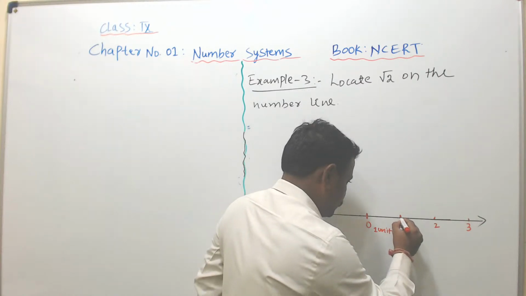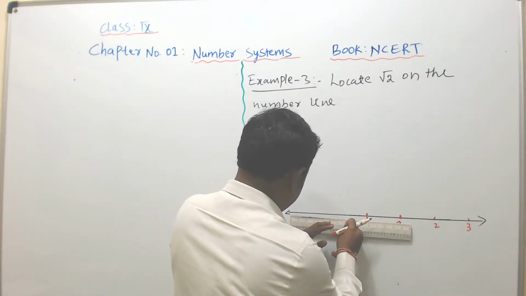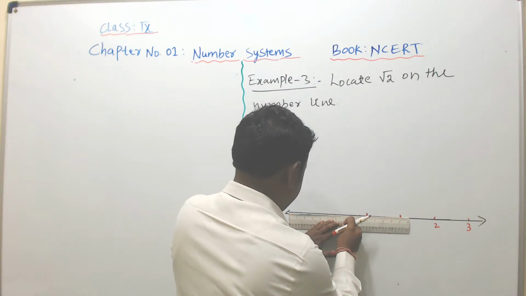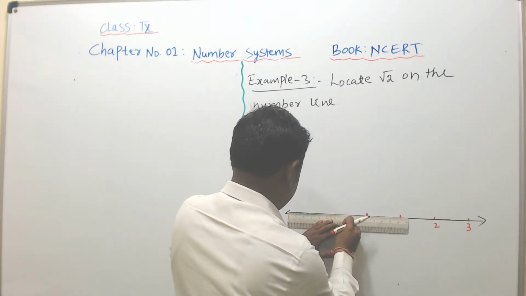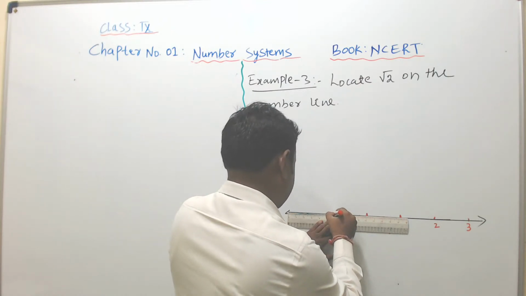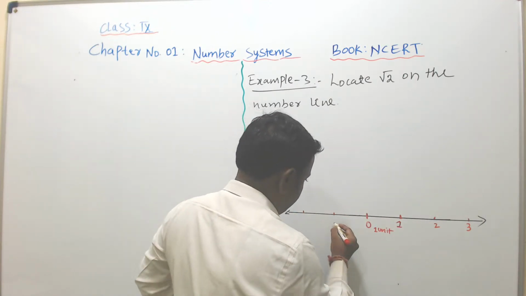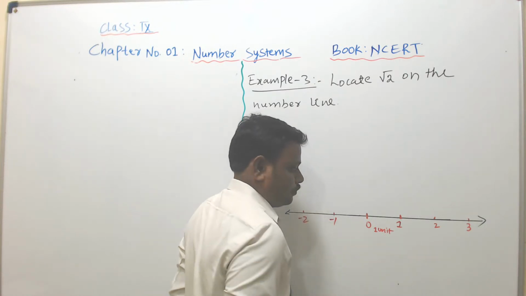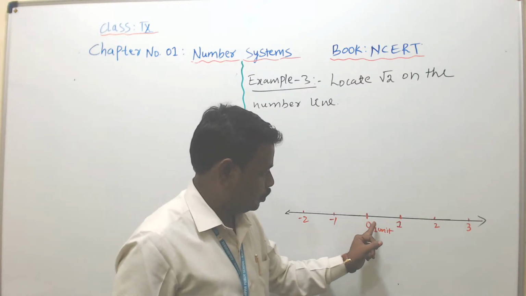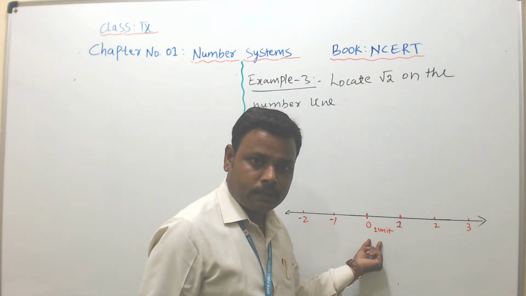The same way on the negative side, -1, -2. So I am choosing the scale 2 centimeter as 1 unit.